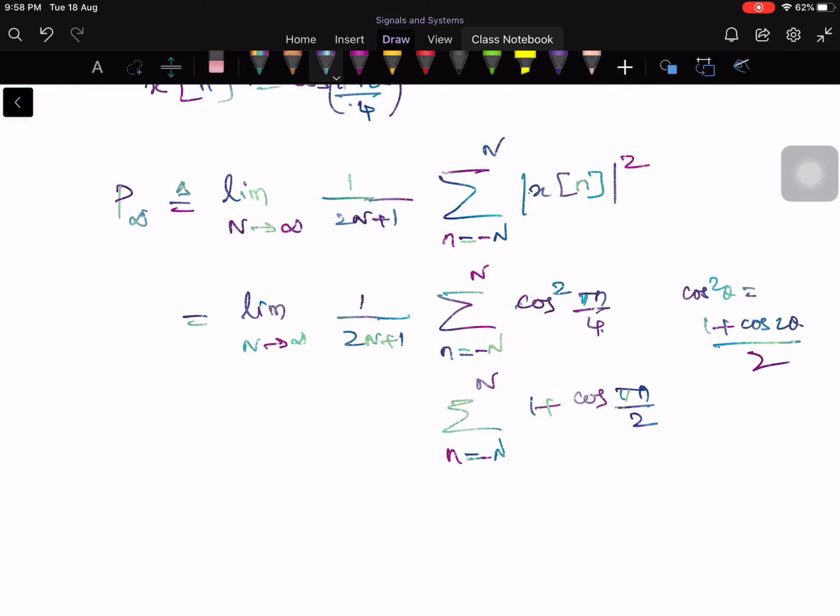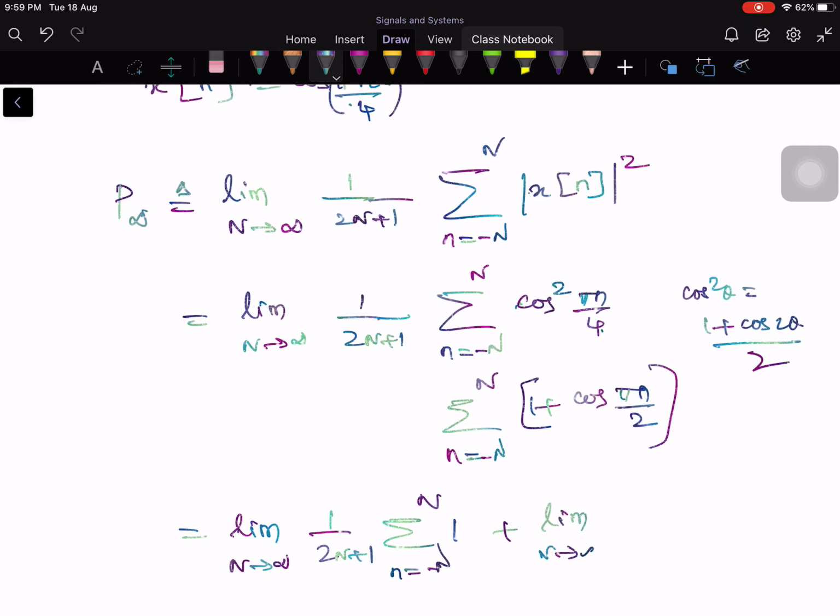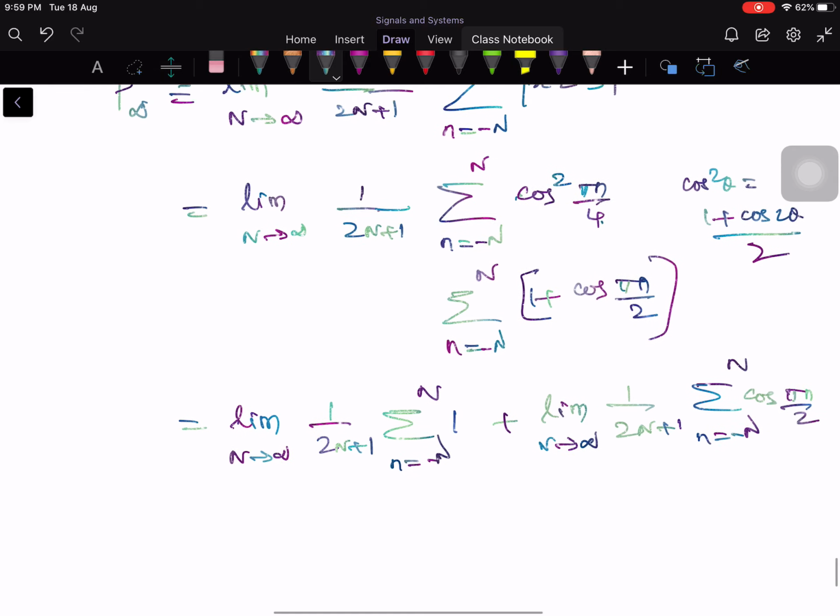So this becomes limit N goes to infinity 1 over 2N plus 1, summation over n equal to minus N to plus N of 1, plus limit N goes to infinity 1 over 2N plus 1, summation n equal to minus N to plus N of cos of pi n by 2.